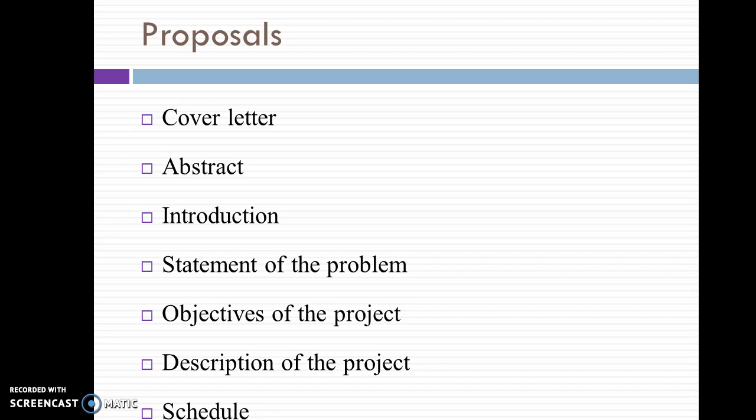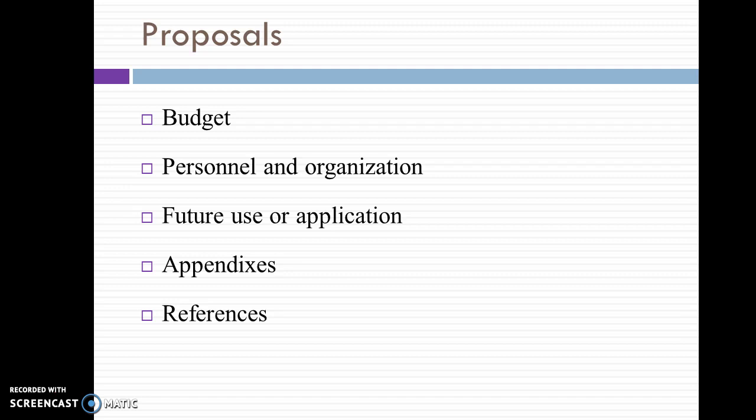First we mention the cover letter, which states what your proposal is for and how we are going to take up the project. Then come the abstract, introduction, statement of problem, objective of your project, description of your project, detailed scheduling with the budget, organizational information, future scope and different applications for that particular product. It also includes the references and appendix.